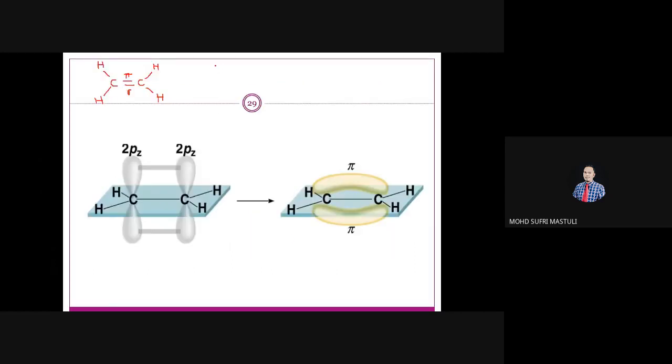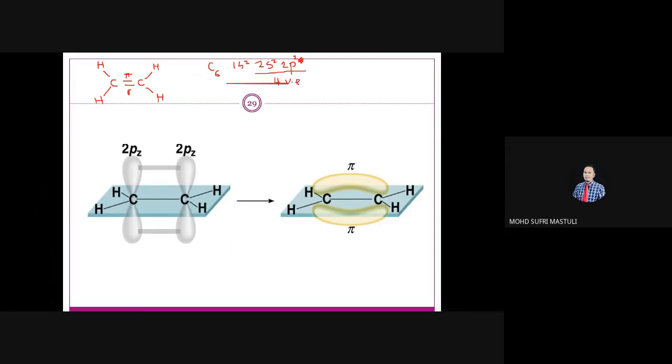So we know carbon from the periodic table has 6 electrons. So it's 1s2, 2s2, and also 2p2. So the valence electrons is, sorry, this one is not 4, this one is 2. So the valence electrons is 4.